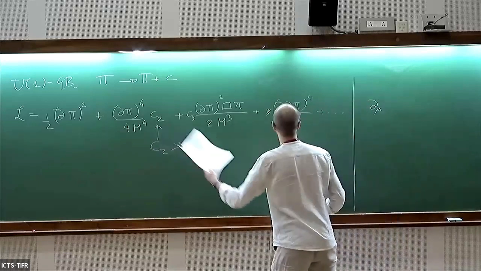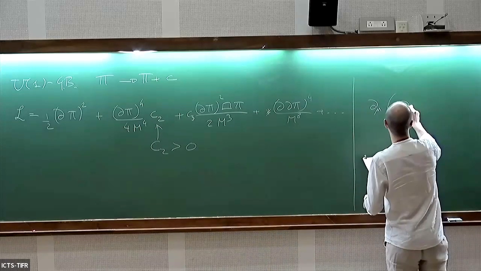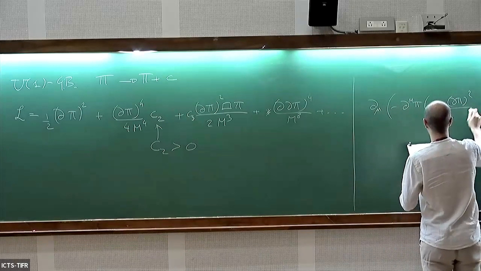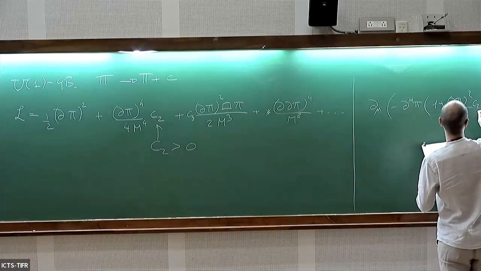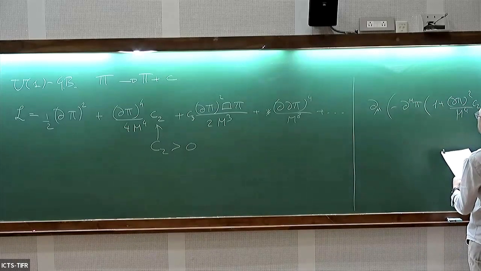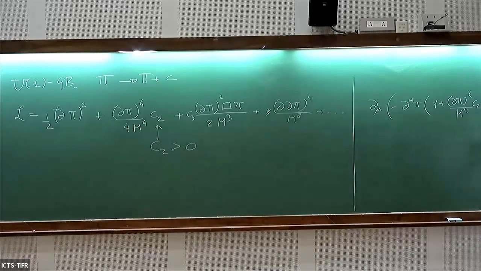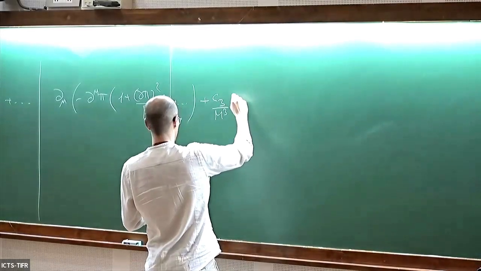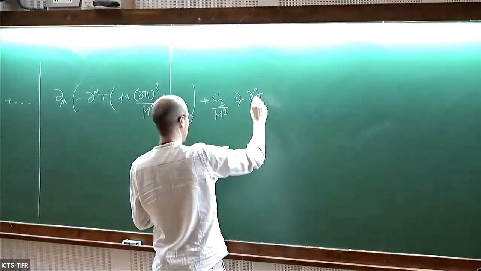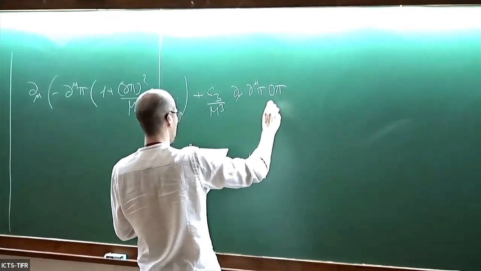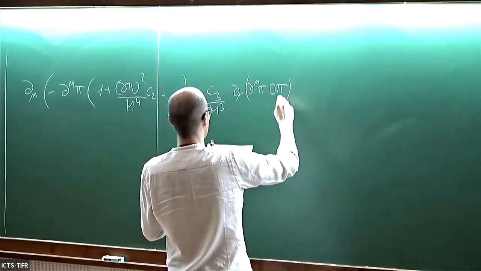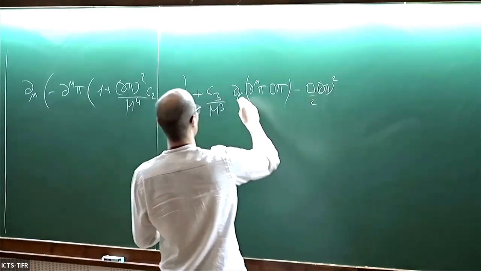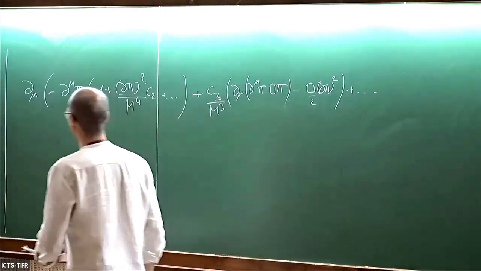You vary the action, and you get the derivative of minus ∂_μπ (1 + (∂π)^2 over M^4 C2), and then corrections, then C3 over M^3, ∂_μπ box π minus box (∂π)^2 over 2, equals 0.